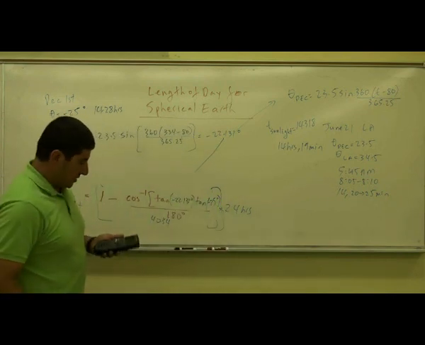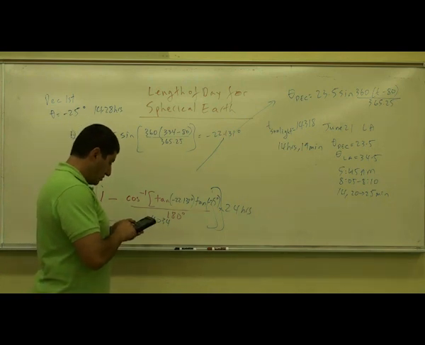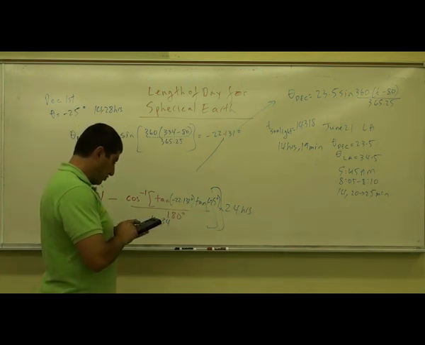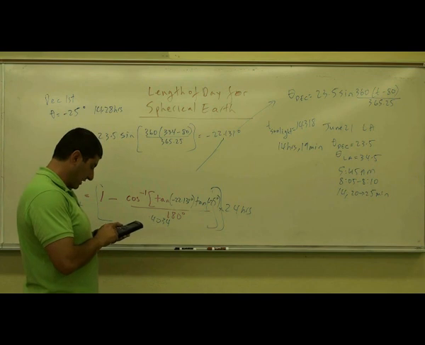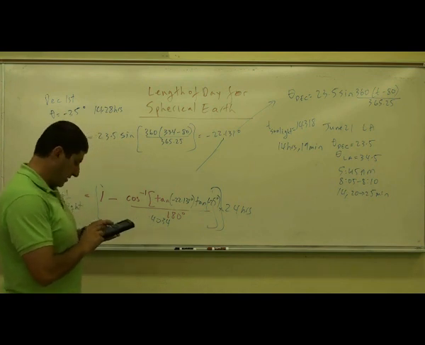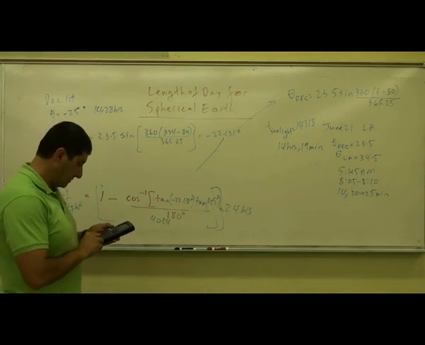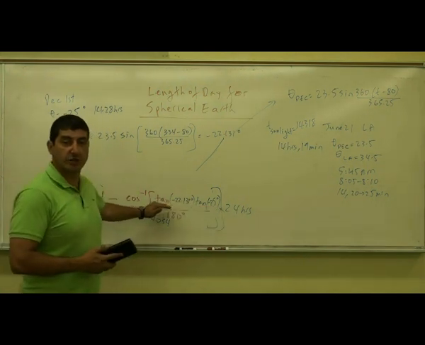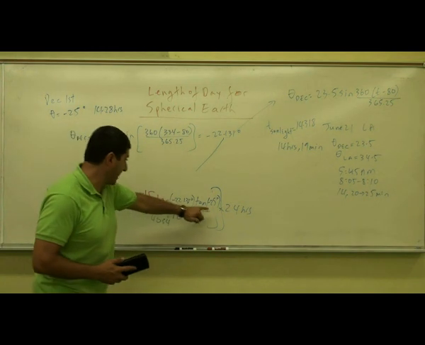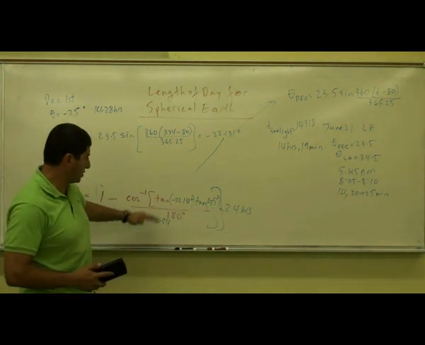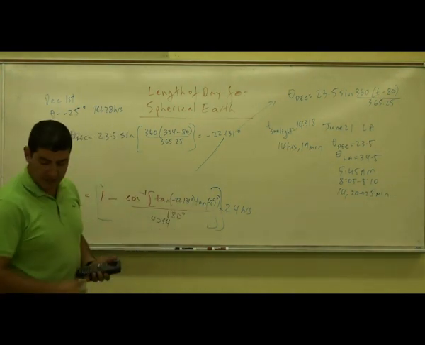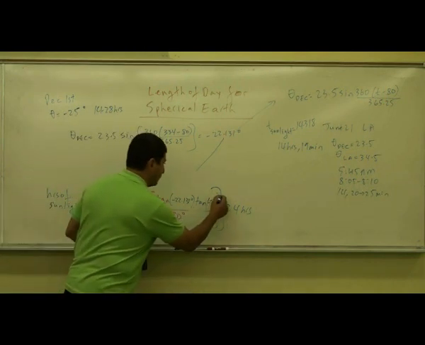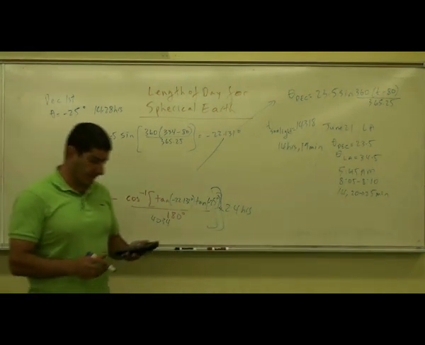So, tangent of -22.131 times tangent of -25. The way that the tangent is, when you take a tangent of a negative angle, you will get a negative answer here, negative answer here. When you multiply them, you're going to end up getting positive, right? Then you're going to take the cosine inverse of that.